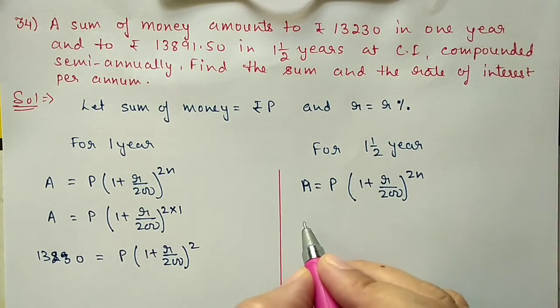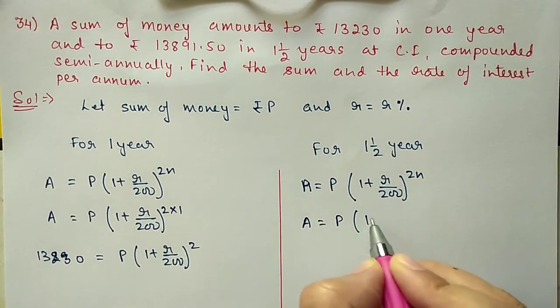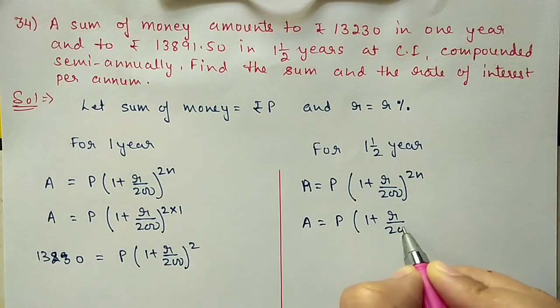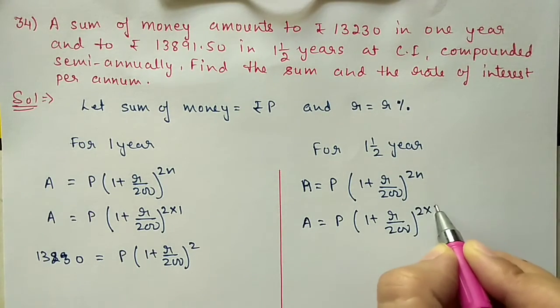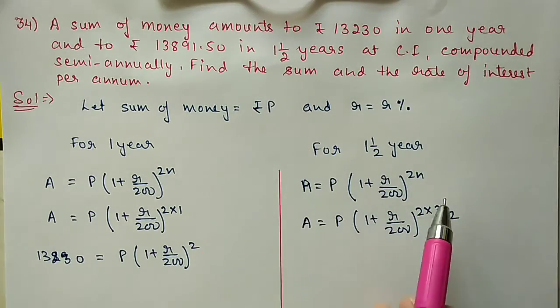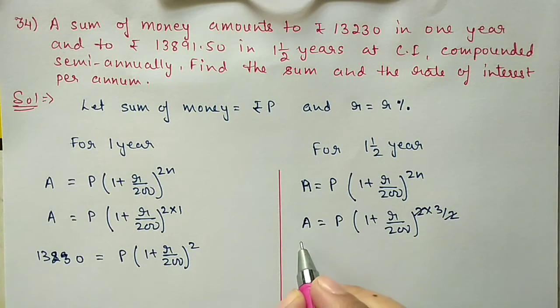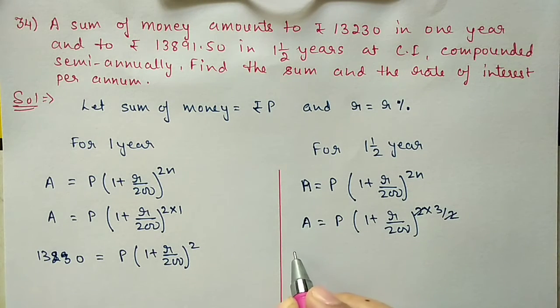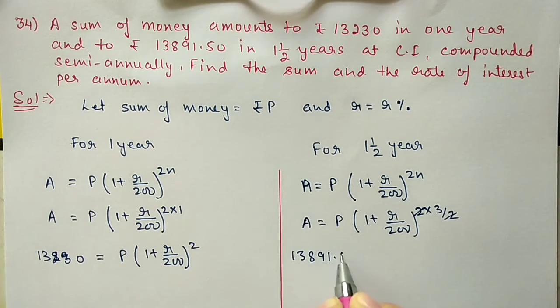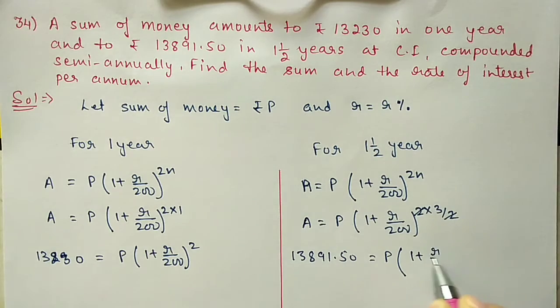Second case, A is equal to P (1 plus r by 200) to the power 2 into 3 by 2. Time is 1.5 years in the second case, so 1.5 we can write as 3 by 2 and this 2 will cancel out, and this will become, amount is given in second case, 13,891.50 is equal to P (1 plus r by 200) to the power 3.